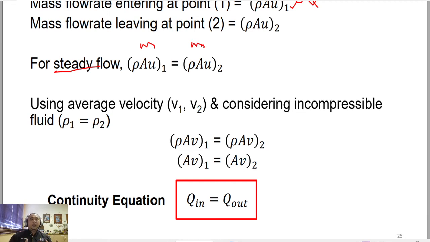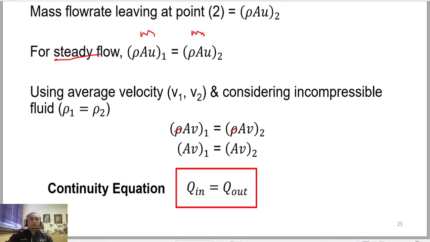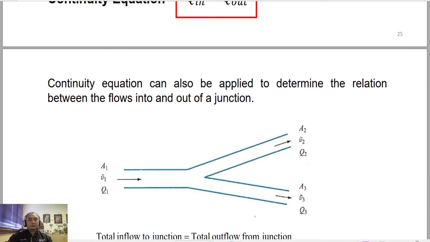Since kita punya fluid ni adalah incompressible fluid, then density fluid masuk akan sama juga density fluid keluar. Jadi kita boleh substitute saja. Jadi yang ini kita boleh gantikan, kita boleh cancel out. Okay. So now we have A1 V1 dan kita akan ada A2 V2. So bila kita AV ni kita tahu sama juga dengan Q. So we have the new equation, we call it continuity equation. Q in is equal to Q out. Okay, ini adalah mass conservation.